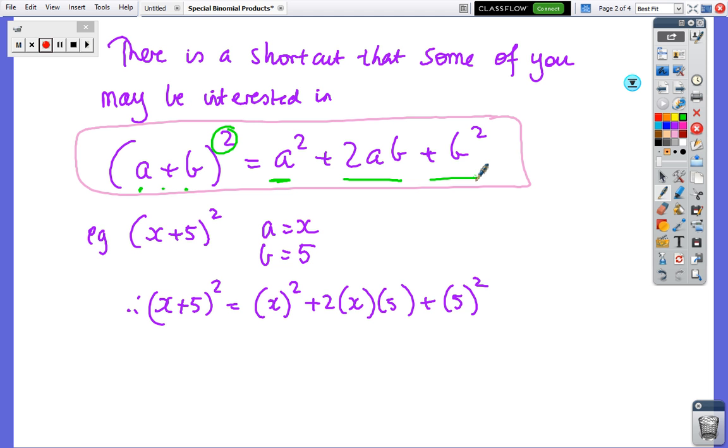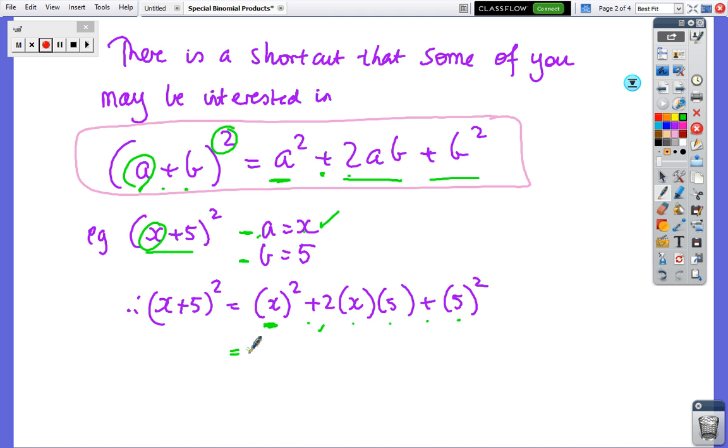So here's an example. (x + 5) squared. The first number is a, so that's going to be just x, and the second number b is going to be 5. In the shortcut, you take the first number, x, and you square it, you put a plus sign and then a 2, then put a and b, and then put plus b squared.